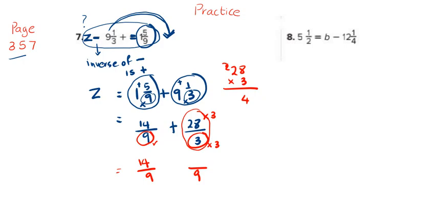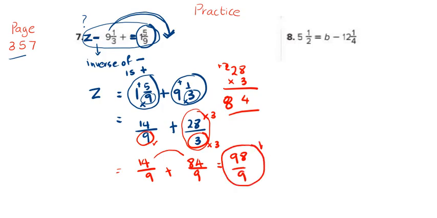And 2 times 3 is 6, plus the 2 we carried is 8. So I'm going to get 84 there. So that's going to give us 84 over 9. Now I can just add them up, and that's going to give me 98 over 9.